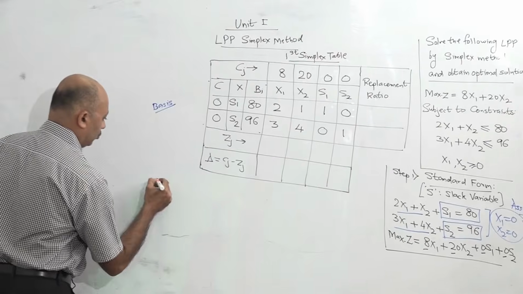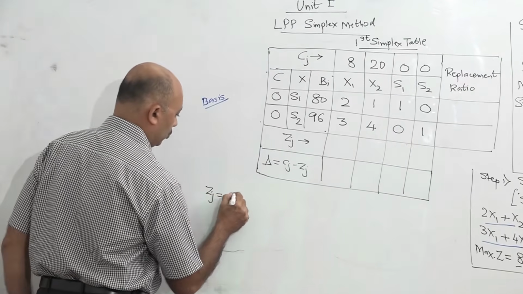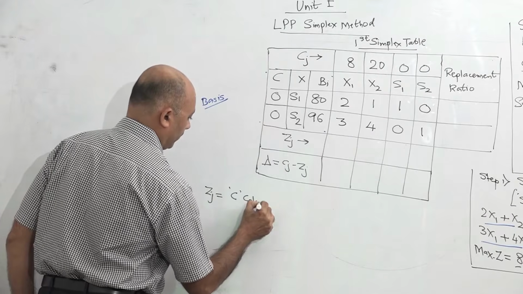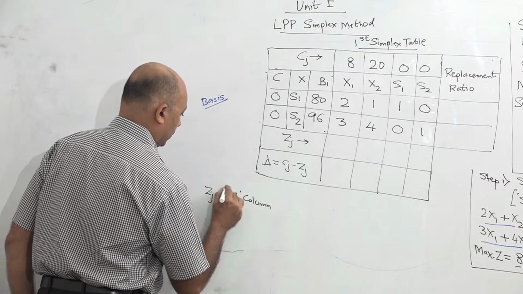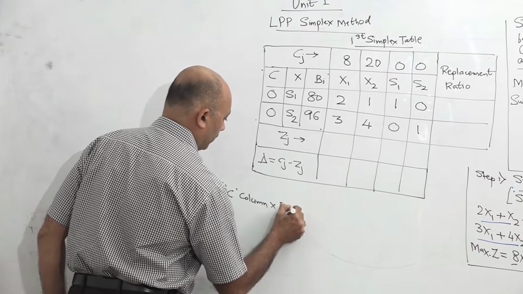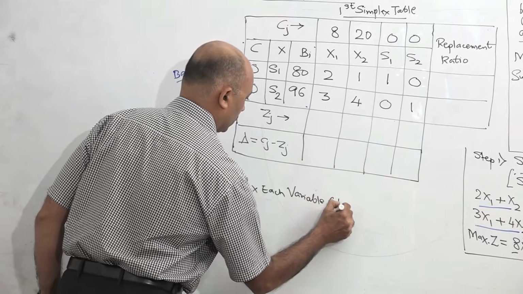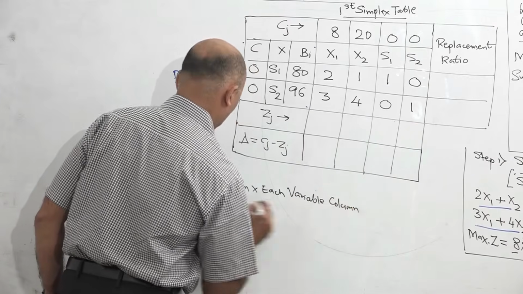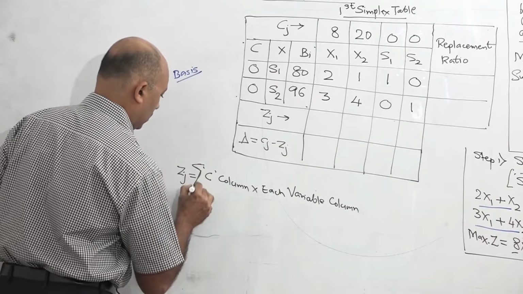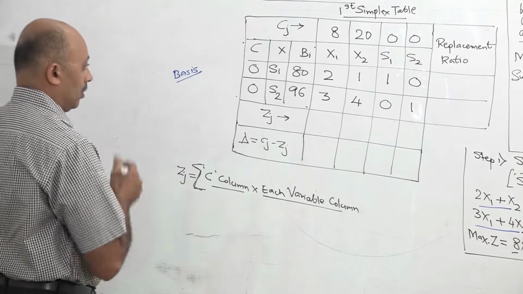So for your reference, you can mention the formula of Zj. Zj is equal to the summation of the C column into each variable column.